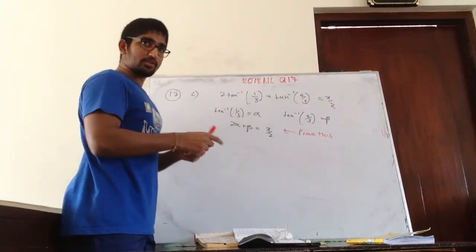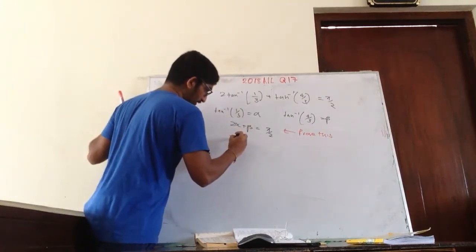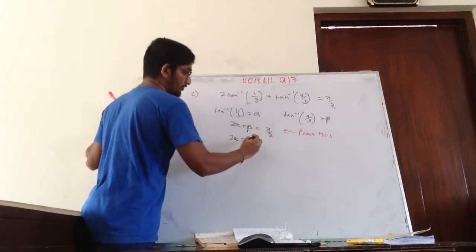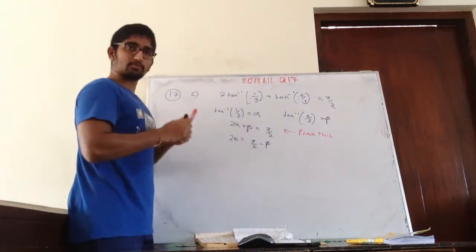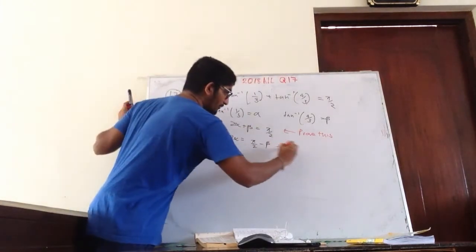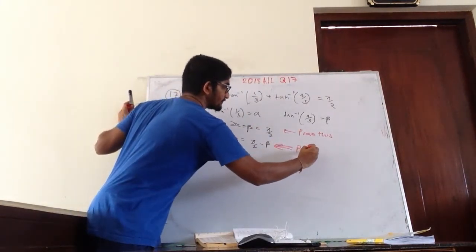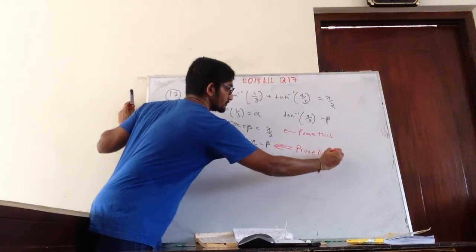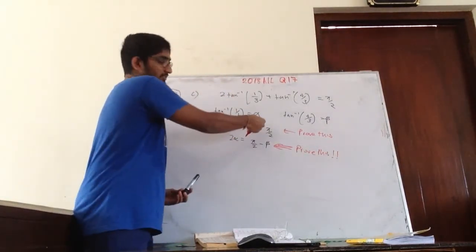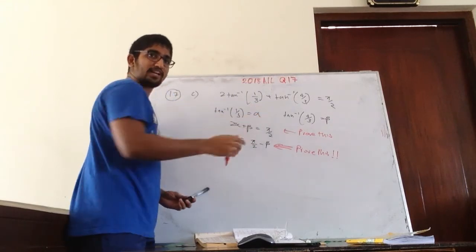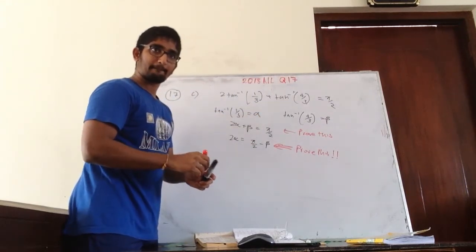So what I am going to do here is manipulate this and get this. So what I am going to do is prove this. If I prove this correct, then I can say that this is true. So that is the way I am going to do it.